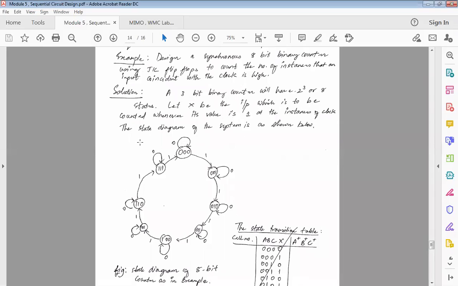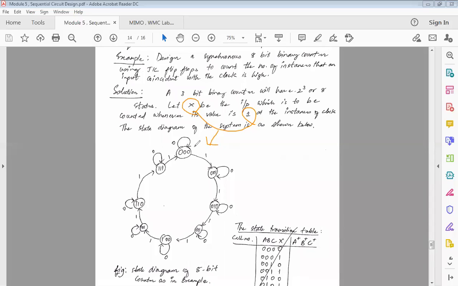So we have made sure that it is 3-bit, that it's a counter, and that there are 8 states from 000 to 111. We have also included X in our tabular column. It should be counted whenever the value of X is high, so this X I am considering here as 1.